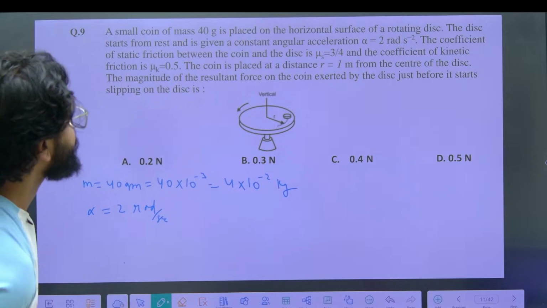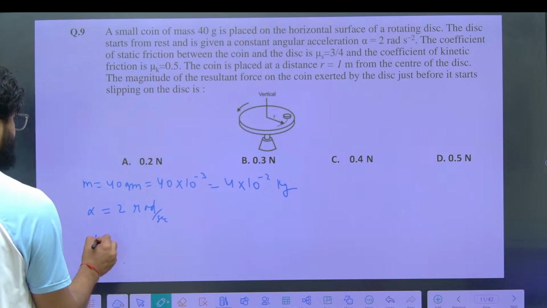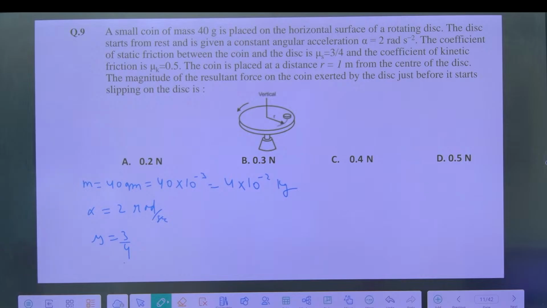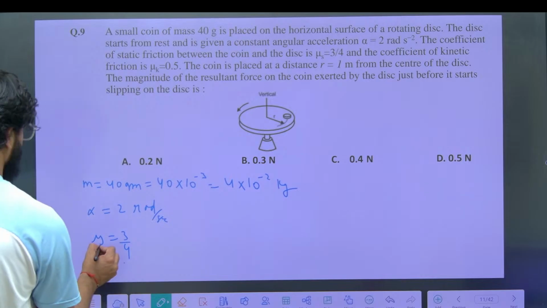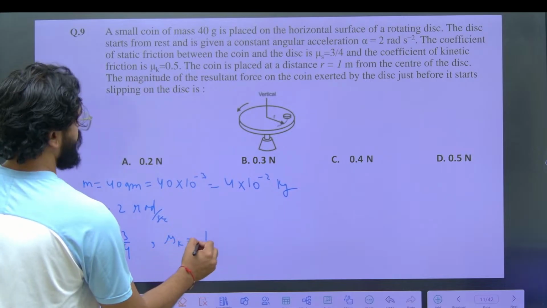Okay, then what? The coefficient of friction between the coin and the disc is 3 by 4, mu is 3 by 4, and this is static, and kinetic is 1 by 2.